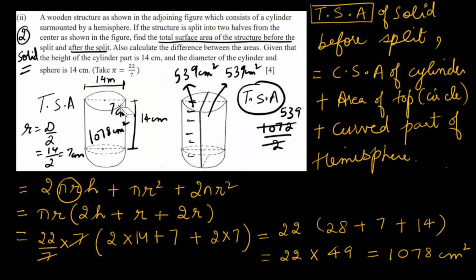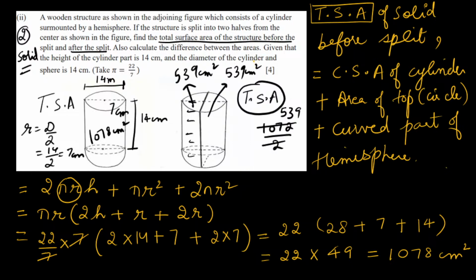So in this question, one solid was given to us. It was a combined solid, a combination of a cylinder and a hemisphere. We had to find the total surface area, and then the solid is cut into two parts from its half, so we had to find the total surface area of that part as well. Then we found the difference between these areas.